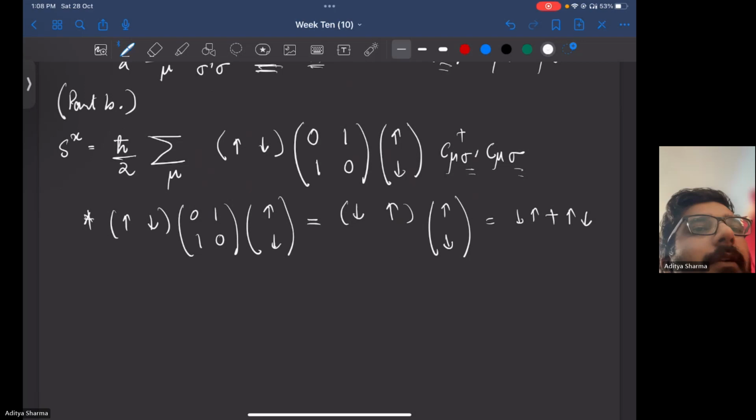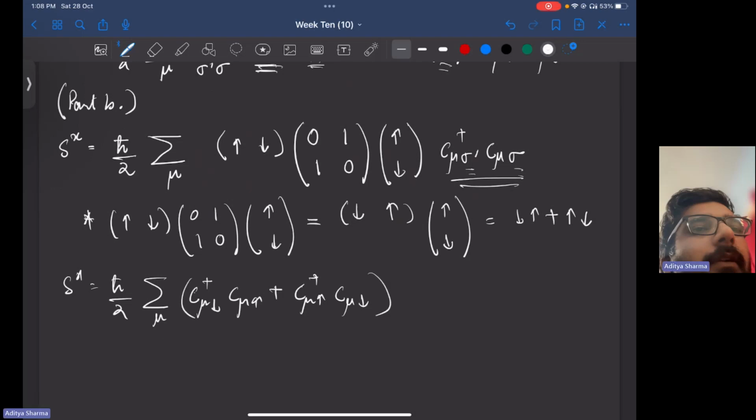That is, now our Sx is equal to h cut by 2 summation over mu, and this is what you're going to put here: c mu down dagger c mu up plus c mu up dagger c mu down. This is what is Sx.